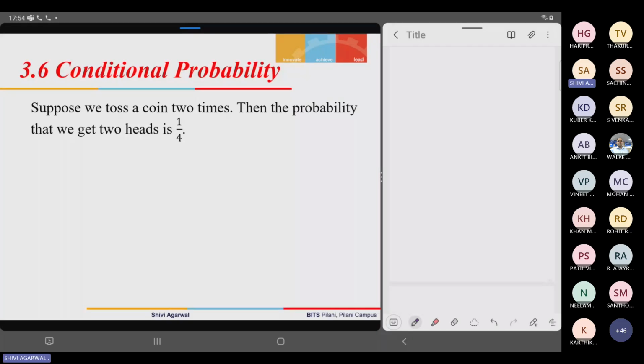Okay, you are not able to see tomorrow's class in the calendar. Just a minute, I will also see.